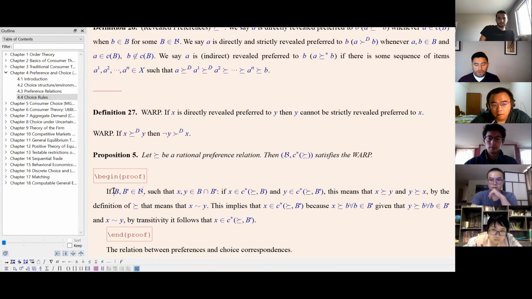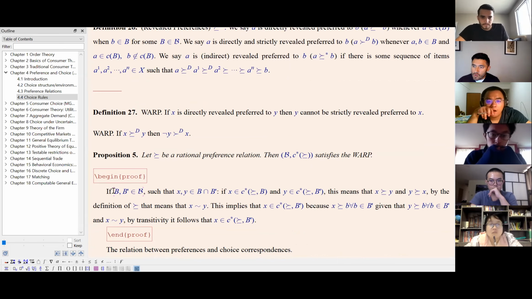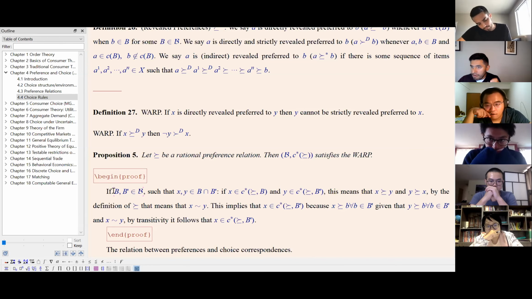First thing, by common sense, in order to test WARP, I need at least two menus, because WARP can only be violated if I present the subject with at least two menus. So I'm going to take two menus, B and B prime, and give the subject the possibility of flipping.